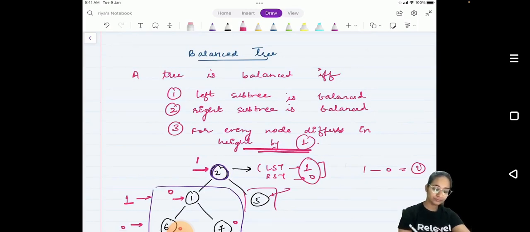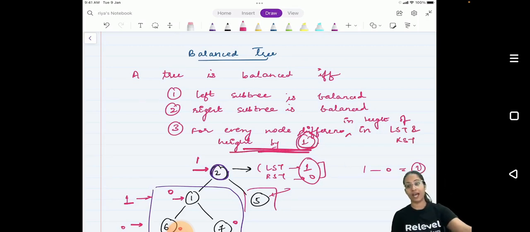For every node, the difference in the height of the left subtree and the right subtree should be only by 1 and not more than that. It could be 0, it could be 1, but it could not be more than that. And it's like an absolute value.